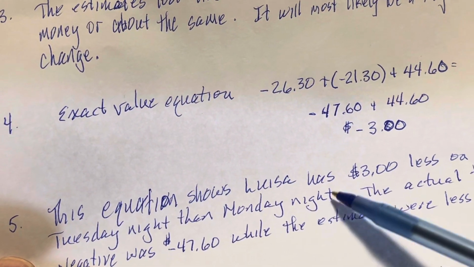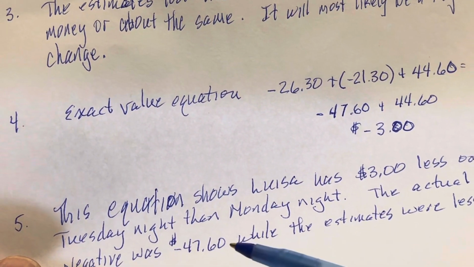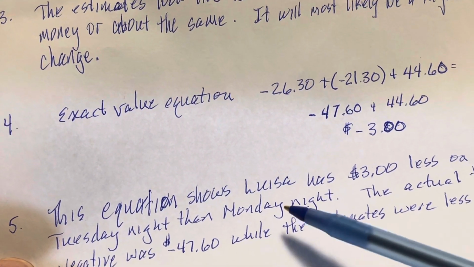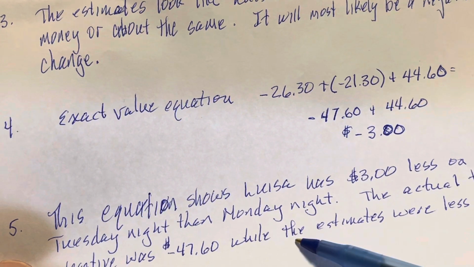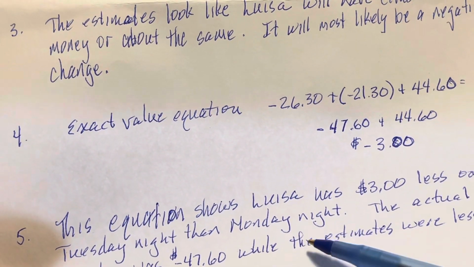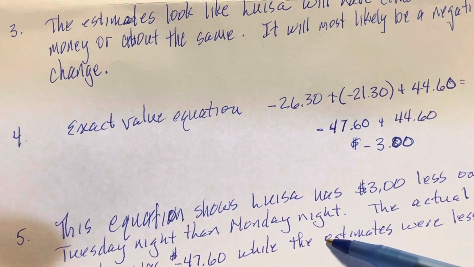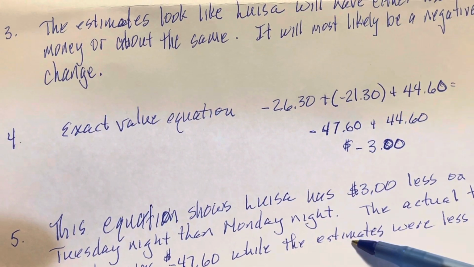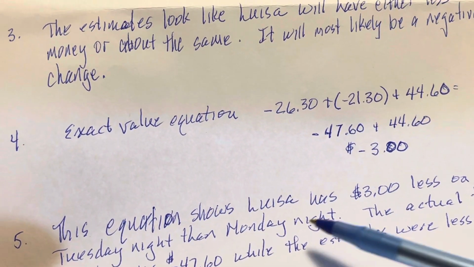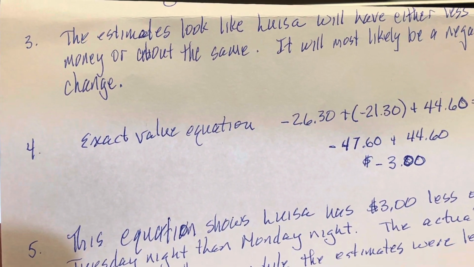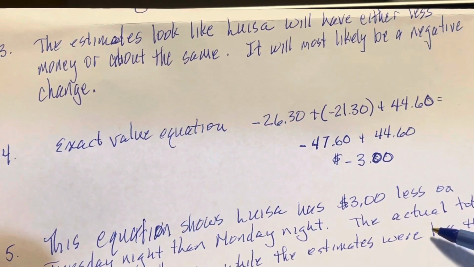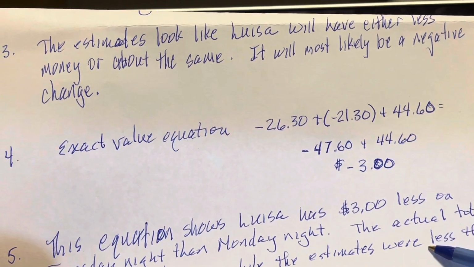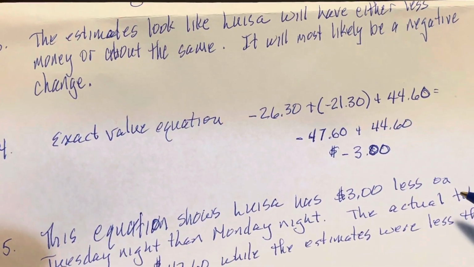And the explanation is the actual total negative was $47.60, while the estimates were less. The estimates were less than that, but the actual positive money was only $44.60. So while the actual numbers were more negative, the actual positive number was also less than we had estimated.